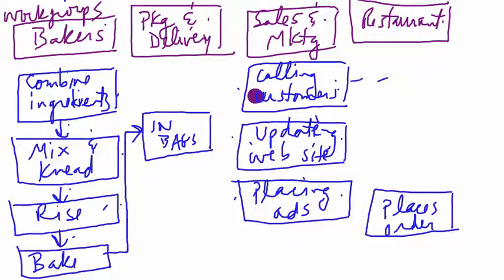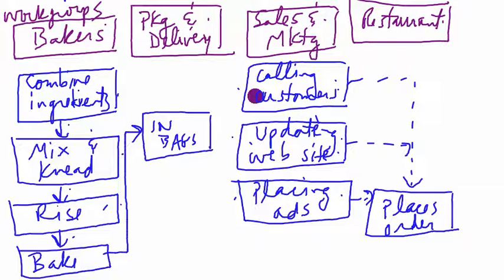Now these get dashed lines connecting our sales and marketing efforts to placing the order, because it's hard to know, was it because we called this restaurant that they placed an order, or they saw our bread on the website, or this restaurant owner ate our bread at a bakery and said, I want to serve that bread in our restaurant. So these get dashed lines.